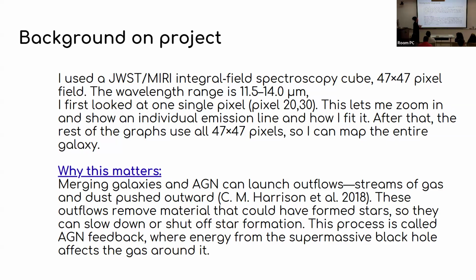I will also be going over three main things in the merger: the gas brightness, the gas motion, and the gas turbulence of the H2. The brightness is how strong the emission line is. The motion is the wavelength shift, so it's basically whether it's redshifted or blueshifted, and the turbulence is how broad the line is.